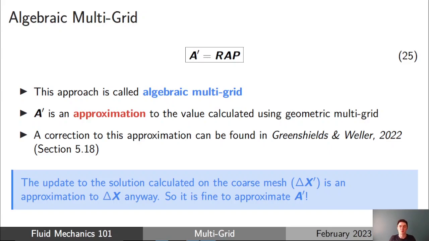We calculate a few more iterations to smooth out any high-frequency component of the error anyway. And so that means that delta x prime doesn't need to be exactly correct. It can be an approximation, and it follows that it's therefore also fine to use an approximation for A prime. The better approximation we have, the better, but it's not essential that this A prime matrix needs to be exact. It's slightly wrong when calculated using algebraic multigrid, but that's actually okay.